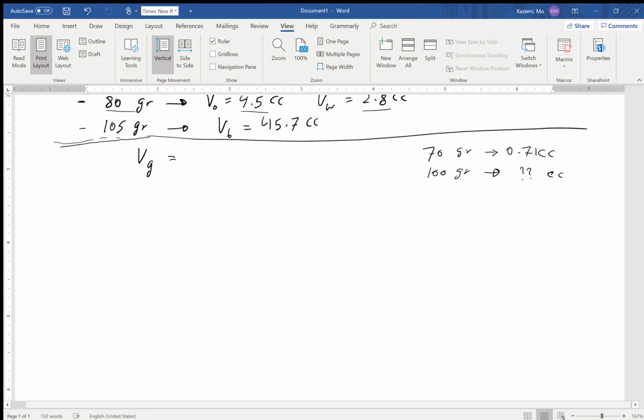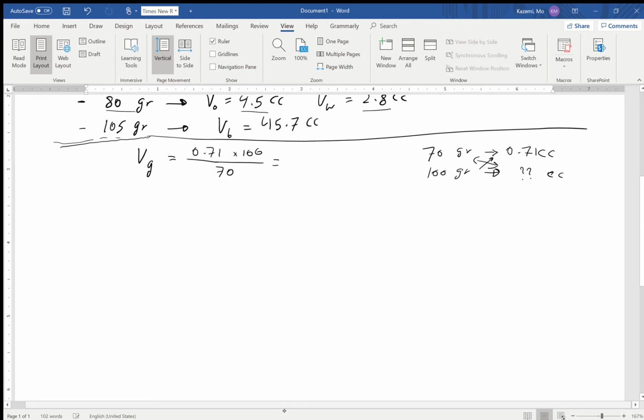Pretty simple calculation. You can do the cross multiply, right? And if you do the cross multiply here, then you can say 0.71 multiplied by 100 divided by 70 grams.